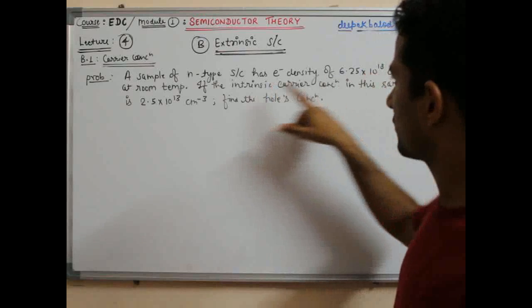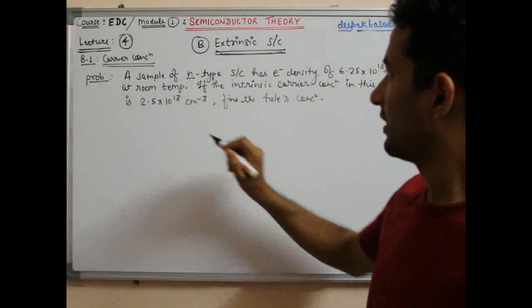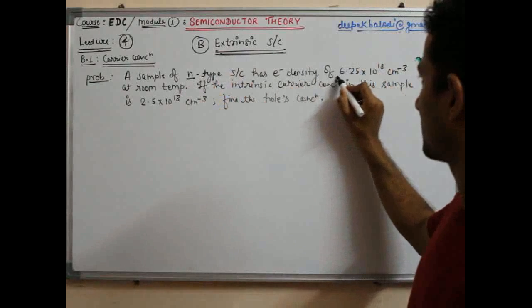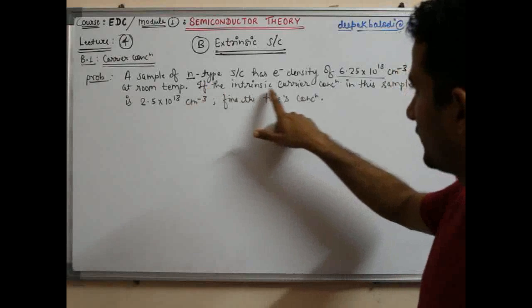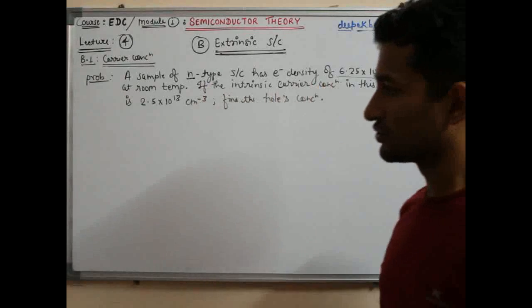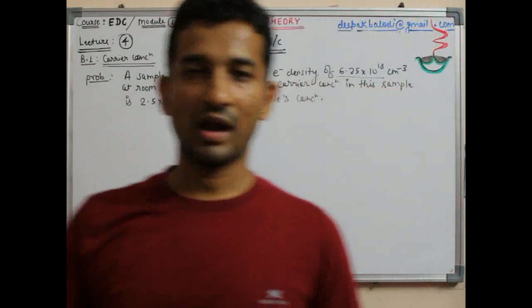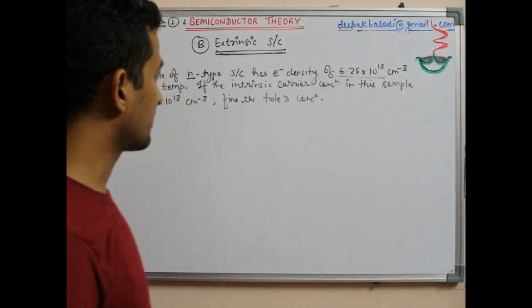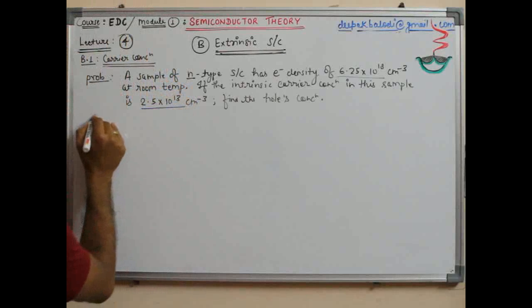So it could be any n-type semiconductor. What we are expecting is that the electron concentration should definitely be the majority carrier concentration. If the intrinsic carrier concentration in the sample is this, then find the hole concentration. The second statement tells us the prior condition, that means earlier when it was intrinsic, there were these many numbers.